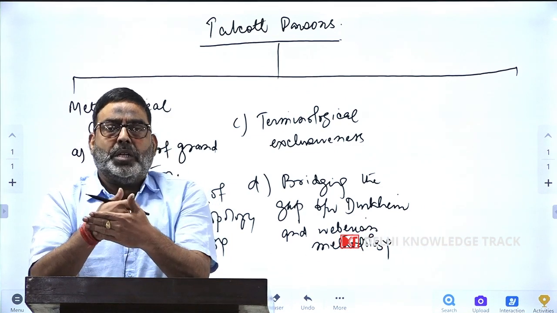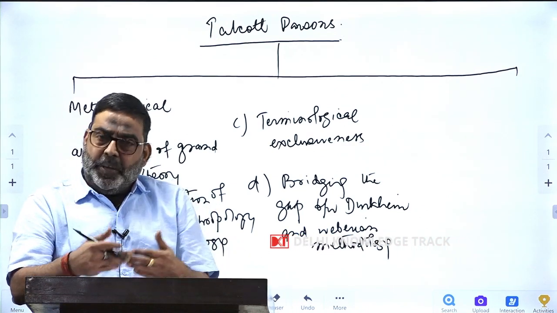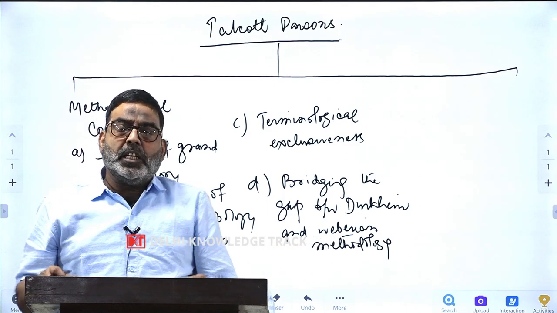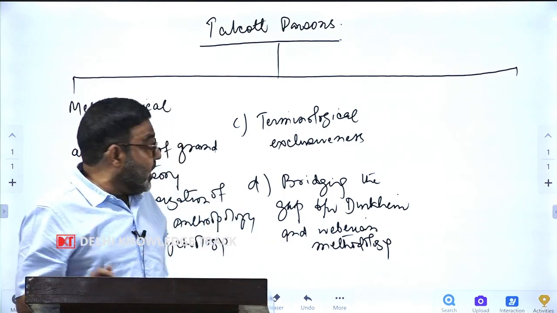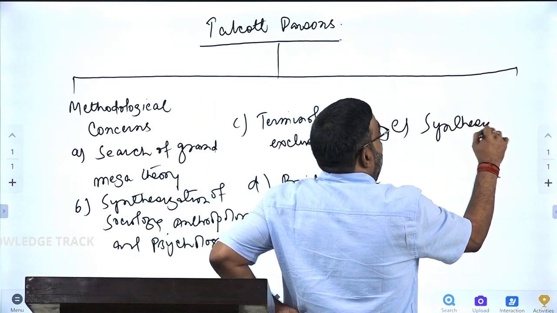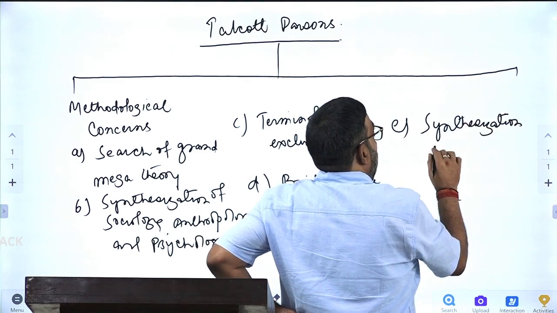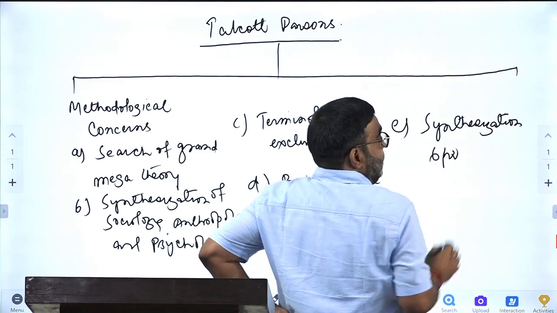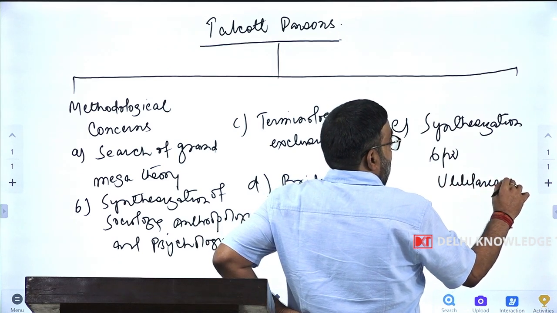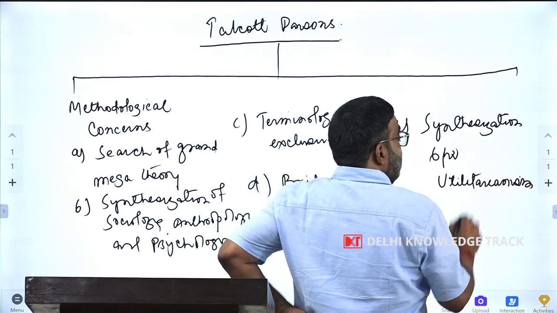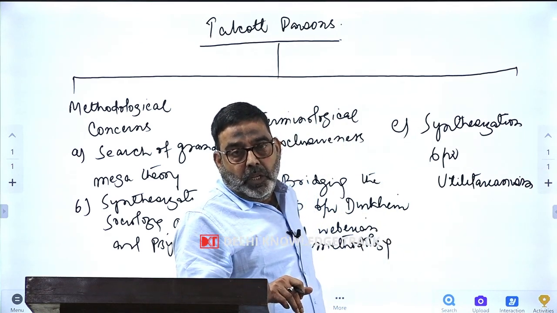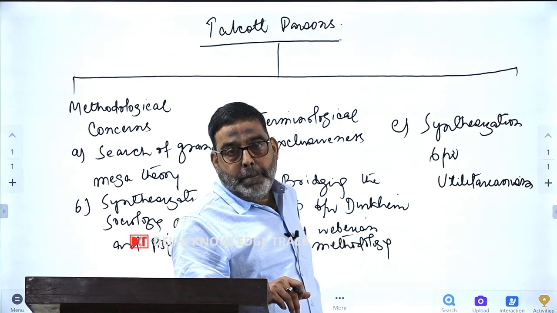Either you pick it up as a socio-historical background or in terms of methodological concerns, we'll find a synthesization between three previous traditions, that is utilitarianism, Alfred Marshall, that is, how the utilitarians have analyzed the social order.